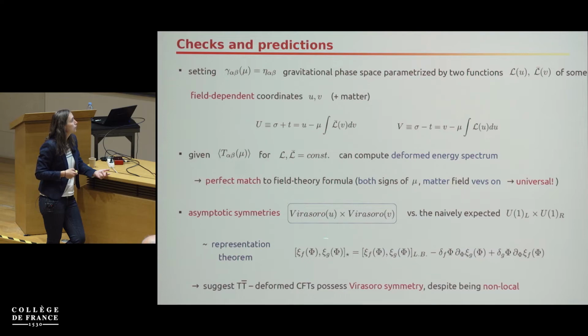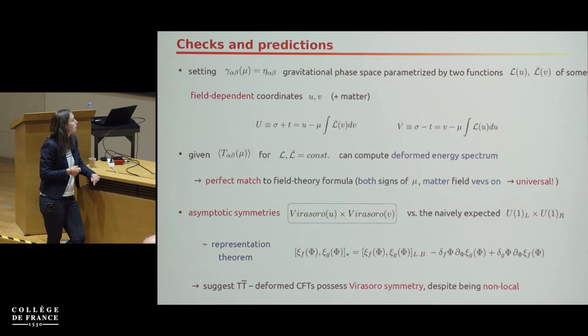In this case, you actually have to use a modified version of the representation theorem, because the diffeomorphisms depend very non-trivially on the background fields, L and L bar, so you have to use this modified bracket. But morally speaking, we used the representation theorem to get this result. Okay?